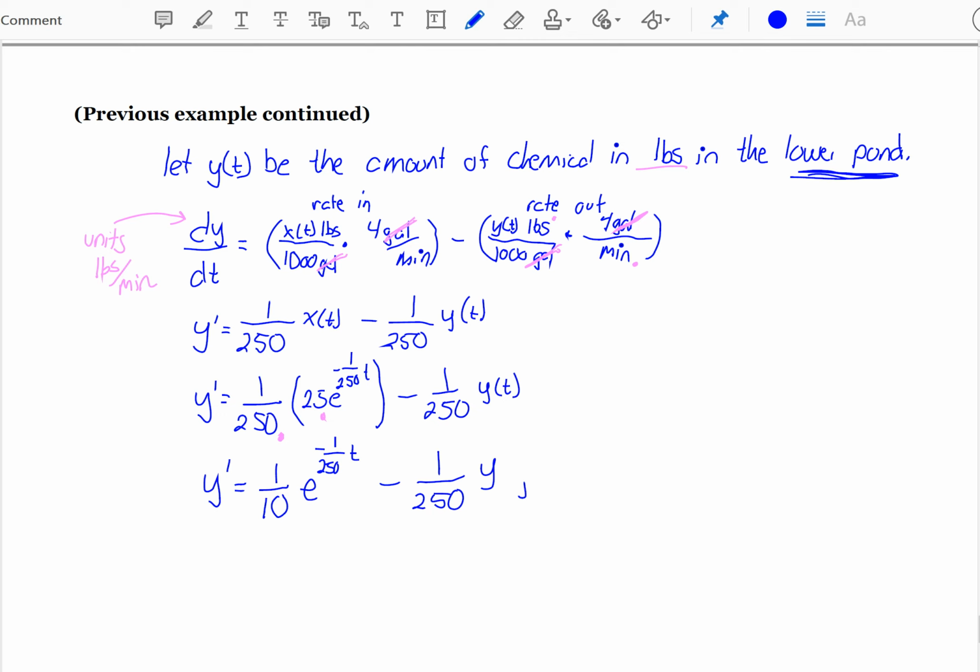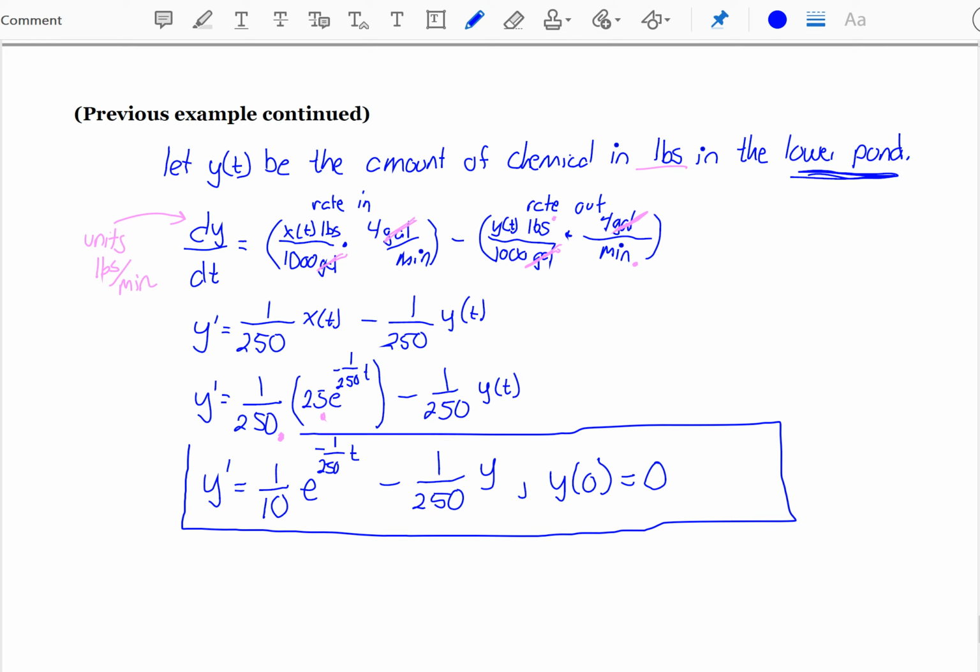The spill only happened in the first pond, which meant when this all started, the amount of chemical in the second pond was 0. This should be our initial value problem for the second pond. So our IVP for the lower pond.